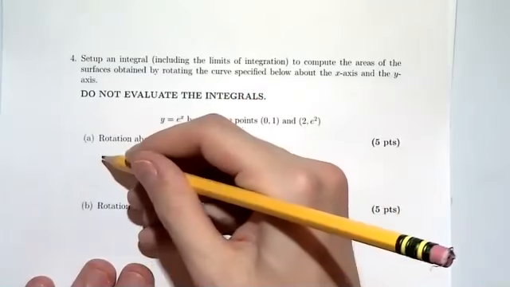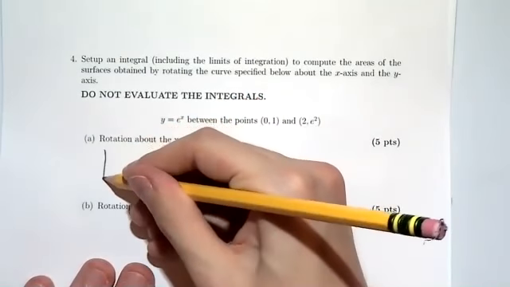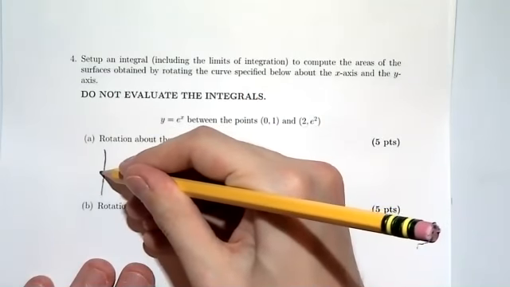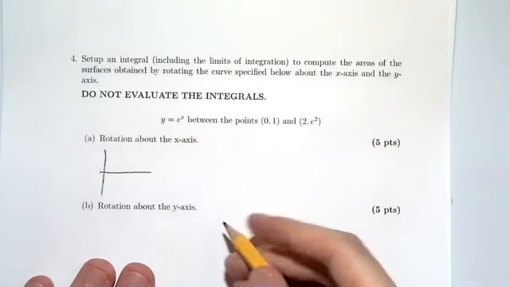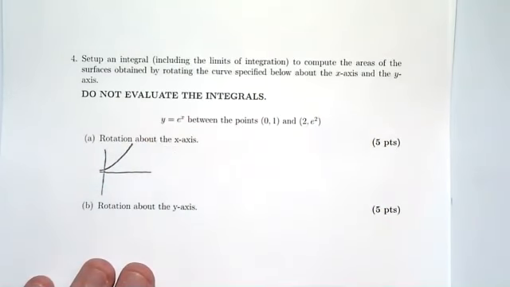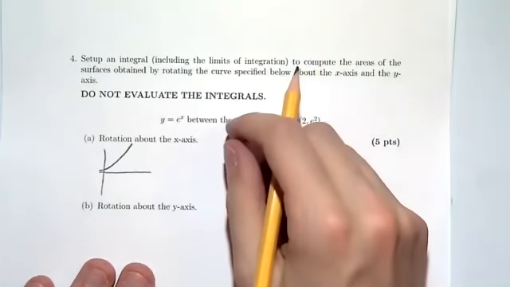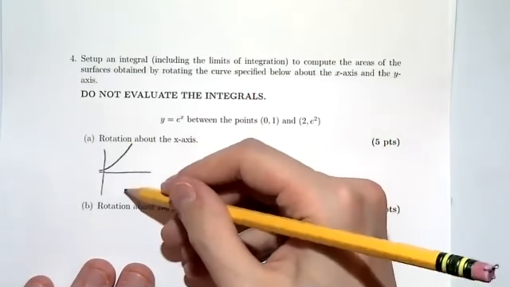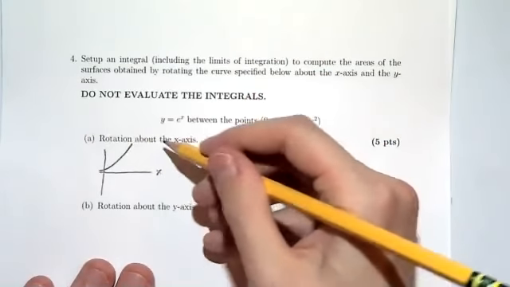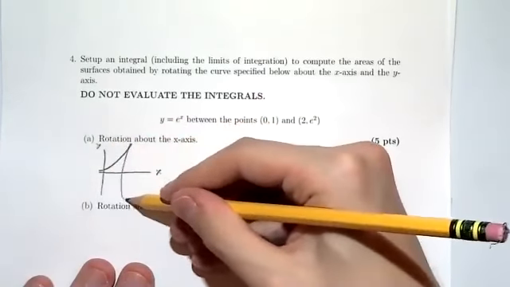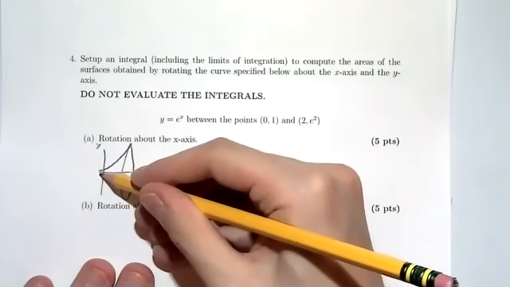I like to make visuals for this too, it kind of helps. So we have e to the x goes something like this, though it probably goes a lot higher very quickly. And we're rotating it about the x-axis, which is here. So we get an arc like that.